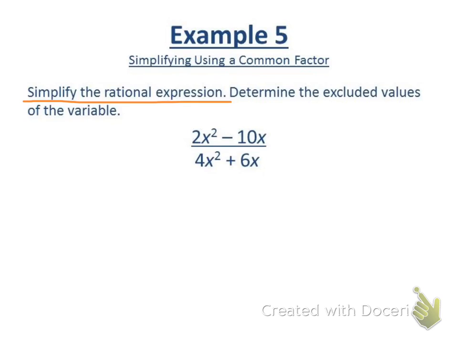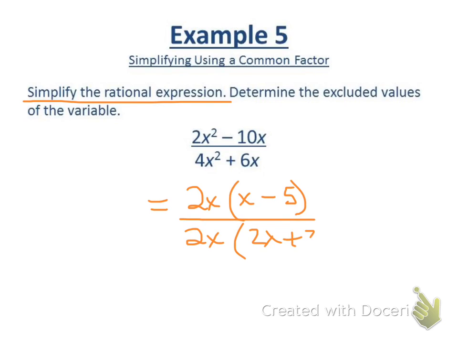What can we factor out of the numerator? 2x times x minus 5. What can we take out of the bottom? We can take out a 2x, and then we're left with 2x plus 3. Okay, now the 2x's on the outside of the parentheses can cancel each other, and we're left with x minus 5 over 2x plus 3.